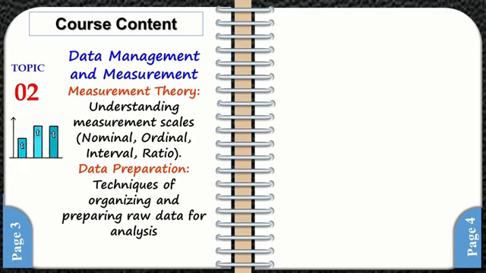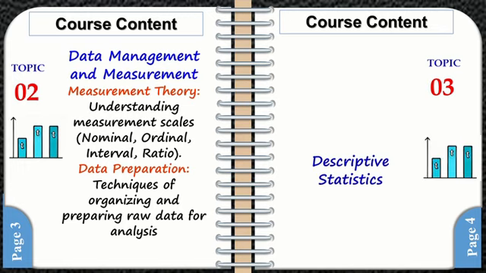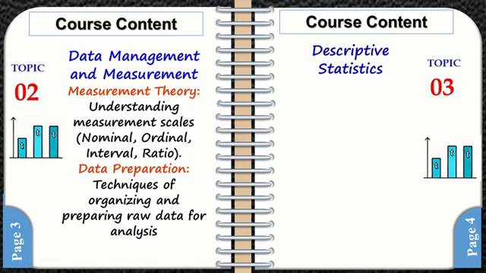Subtopic number 2 is data preparation. In this subtopic, we will look at the techniques of organizing and preparing raw data for analysis. Here, I know you are going to be keen because we will be studying exciting moments.